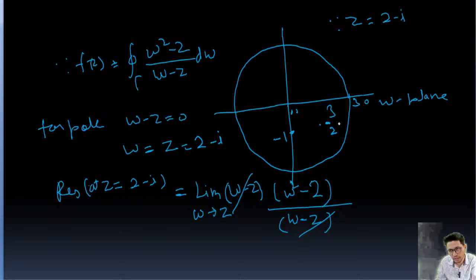The coordinate of this point is 2, minus 1, right? This is the I-axis. Because the radius of this contour is 3, and this is 2, this is inside, and this is minus 1. So this point, 2 minus I, is inside this contour, right?